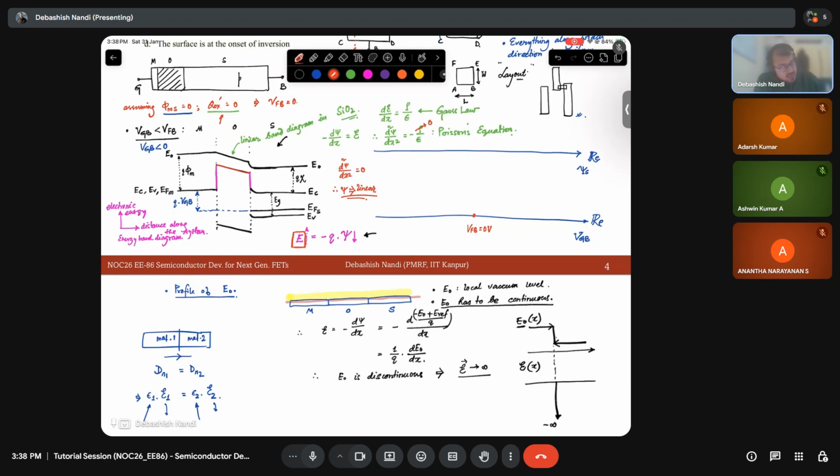So we are now at this region, right? Negative VFB. So this negative VFB, negative VGB, this region is called, what is this called?